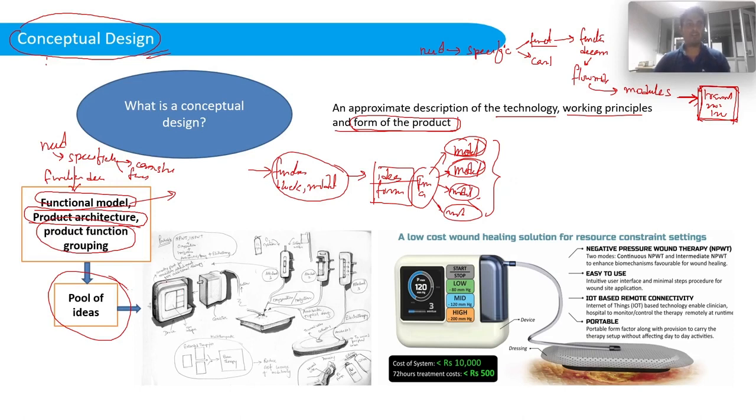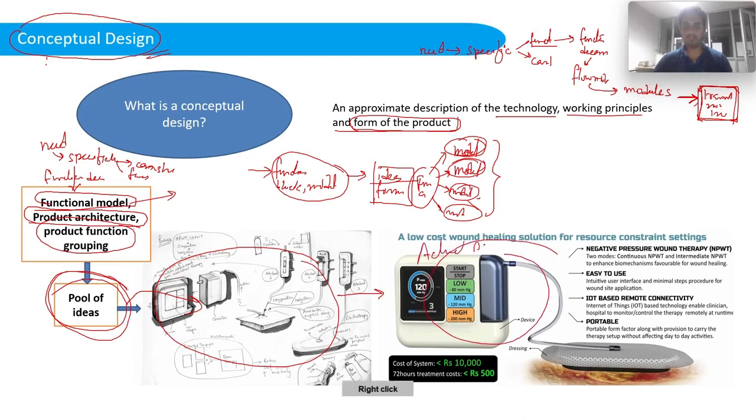So for that we do the ideation, the conceptual design techniques. We use those techniques to generate a lot of ideas, and from those ideas, using certain techniques, we select certain concepts which we later try to realize into actual products. So this particular phase, from idea generation to detailed concept engineering, is what we call conceptual design. Clear?